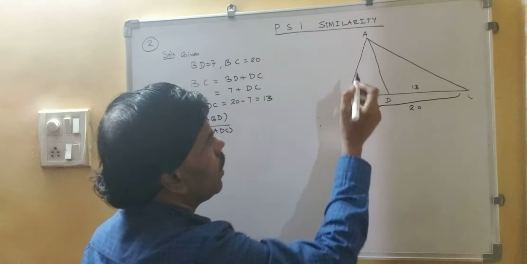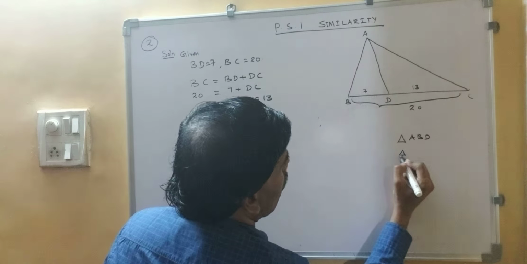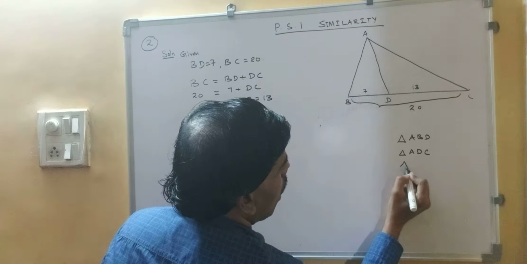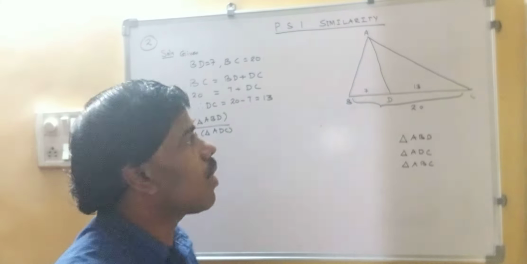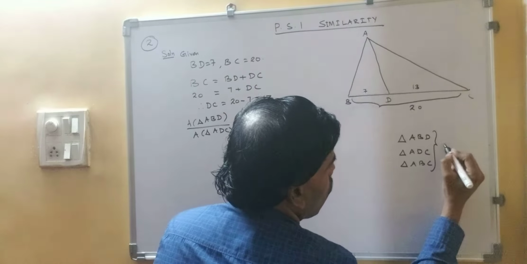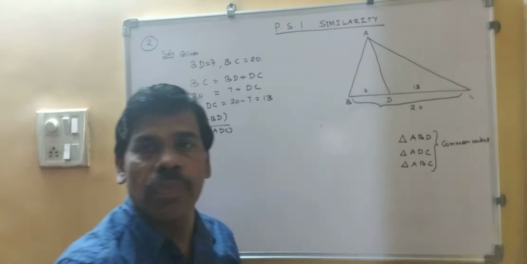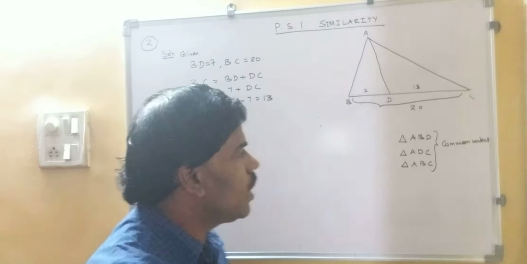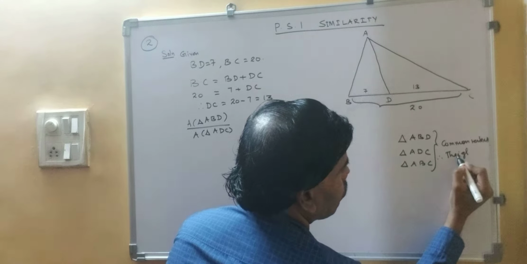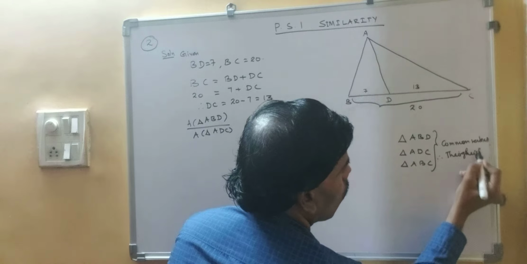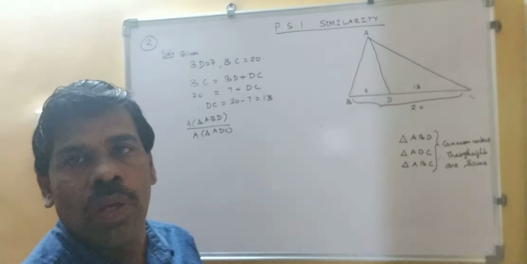Triangle ABD, triangle ADC and triangle ABC all have the common vertex A. Therefore, the heights of these 3 triangles are the same.